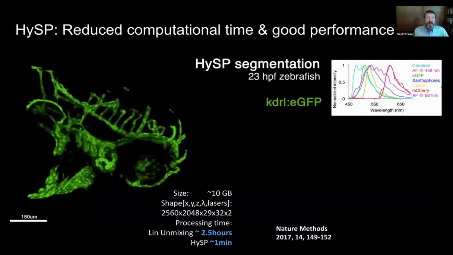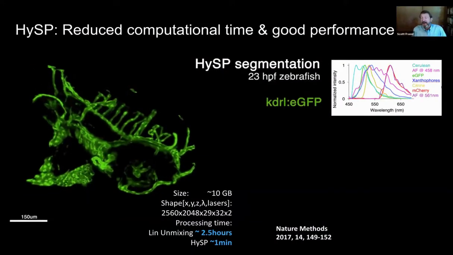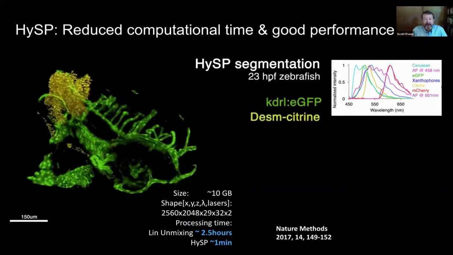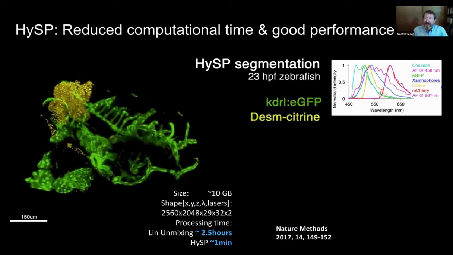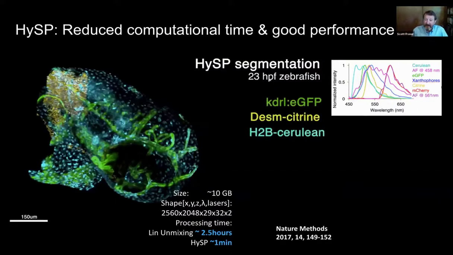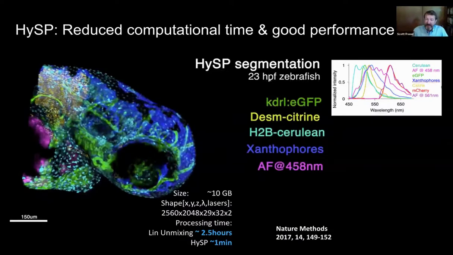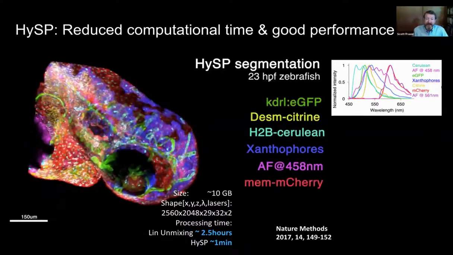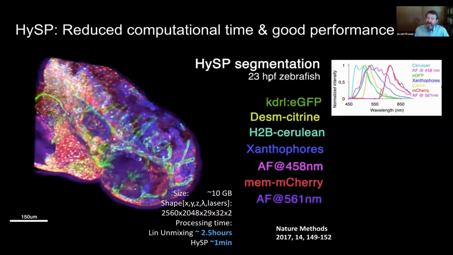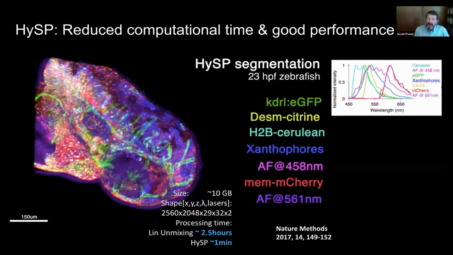So if we just compare then these results in a live animal, well, the previous was as well, but going through several different indicators, in this case, blue fluorescent protein, yellow and green, and also some of the biological autofluorescence, the xanthophores and the autofluorescence from metabolism and other things, you can see that we can separate out pretty nicely these dyes that overlap with one another tremendously.